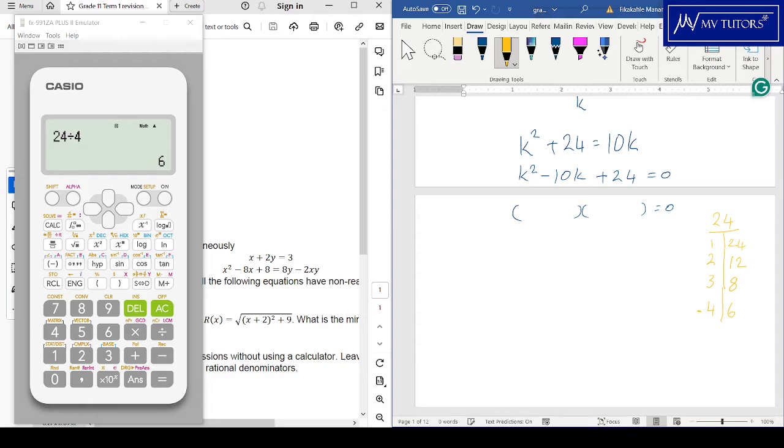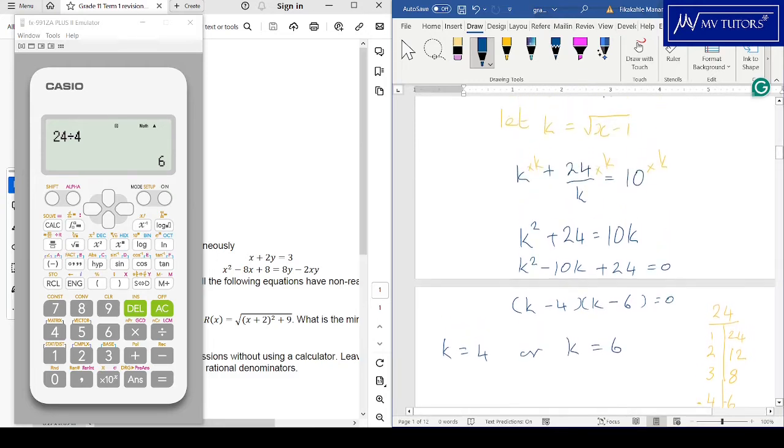But if both of them are negative, and a negative and a negative multiplied will give me a positive 24, and a negative 4 plus a negative 6 will give me a minus 10, which works out. Now I'm going to put a k there and a k there, and then I'll put minus 4, minus 6. So that means k is equal to 4, or k is equal to 6.